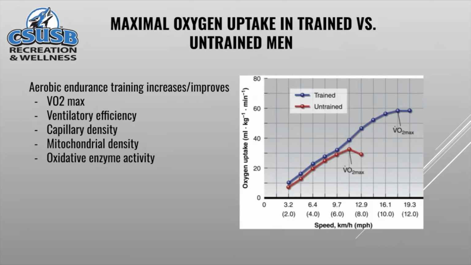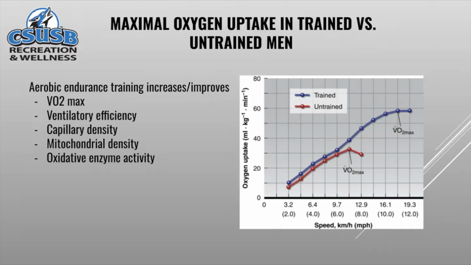All right, so looking at maximal oxygen uptake in trained versus untrained men, we can see a difference in how fast they're able to go. This is likely a treadmill. How fast they're able to go and when they peak in their oxygen uptake, which would be your VO2 max.